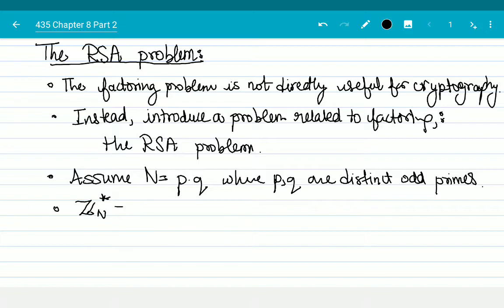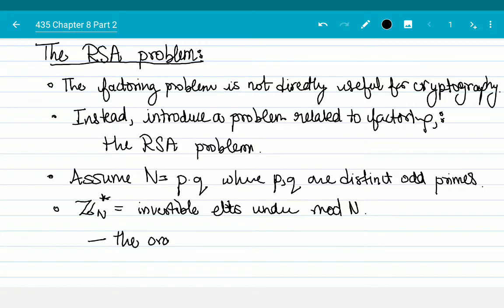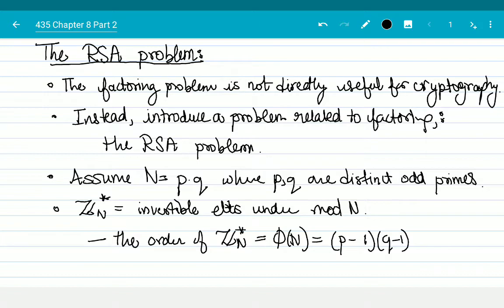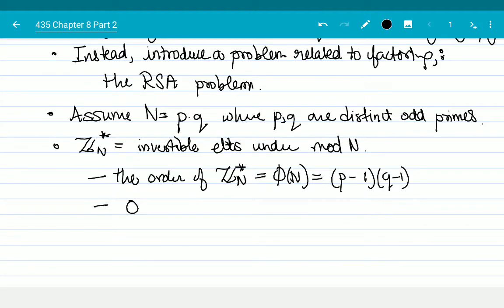Zn star is the invertible elements under mod n multiplication, and the order of Zn star is equal to phi n, which is p minus 1 times q minus 1. And this is really easy to compute.